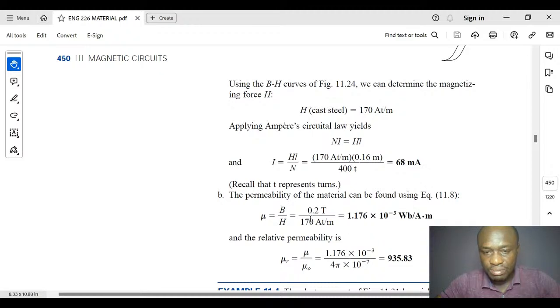So the magnetizing force for cast steel here is 170, while the flux density is 0.2 Tesla. So when you calculate them, you have 1.76 times 10 raised to power minus 3 Weber, over the permeability of free space, which is 4 pi times 10 raised to power minus 7. And when you do that, we have 935.8. And this material should be ferromagnetic material, because for ferromagnetic material, the relative permeability is above 100.